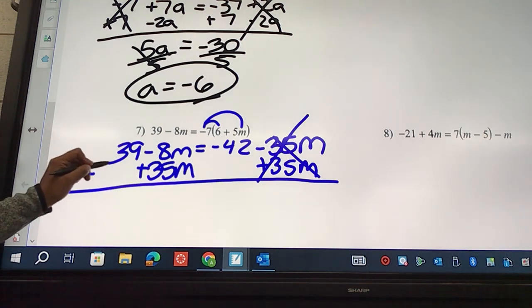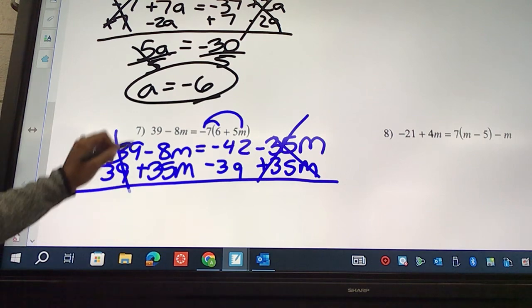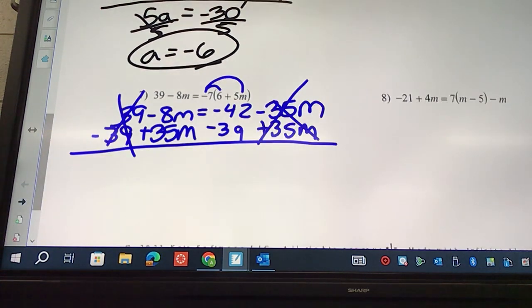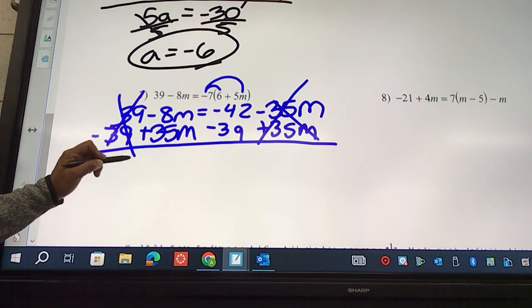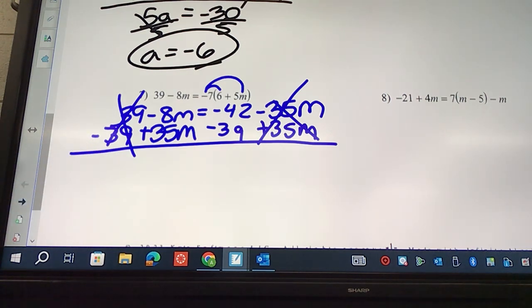The 39 needs moved. Okay, negative 8 plus 35. 31? 27?